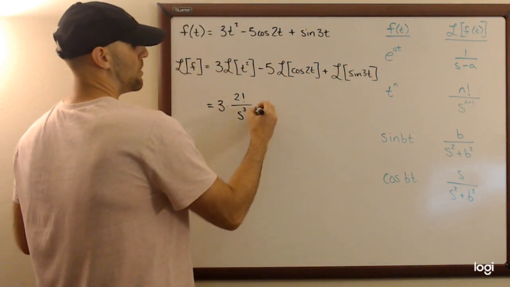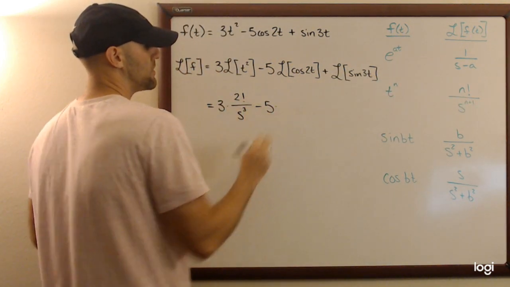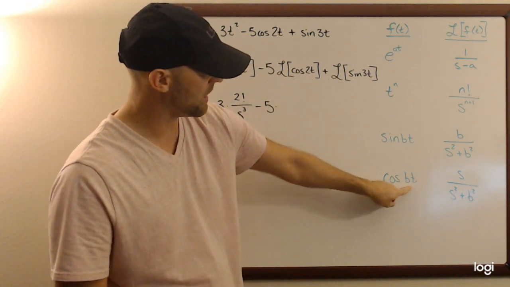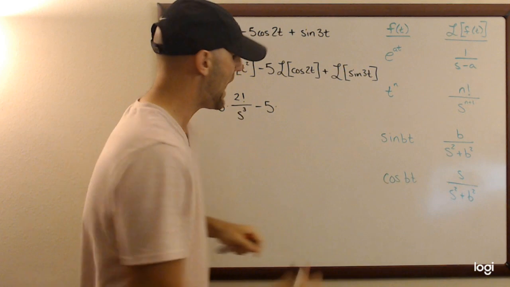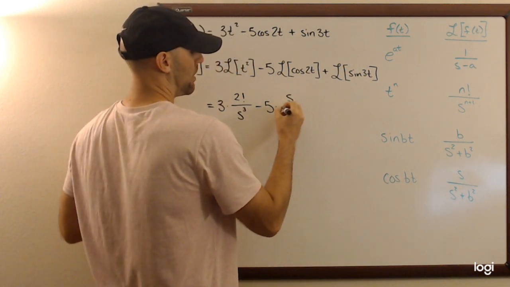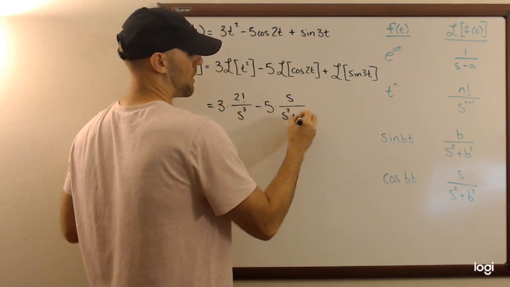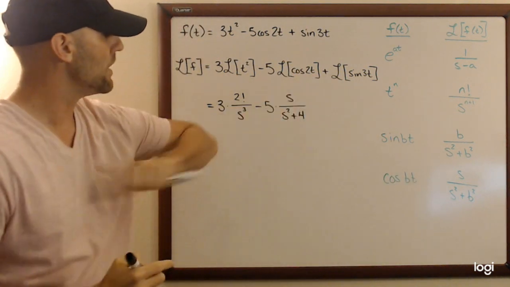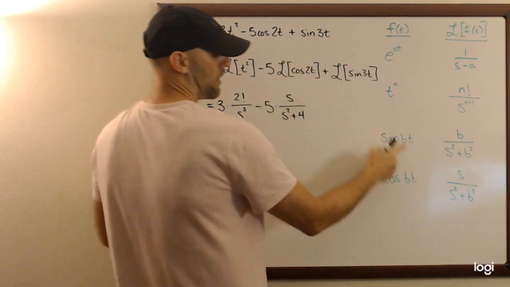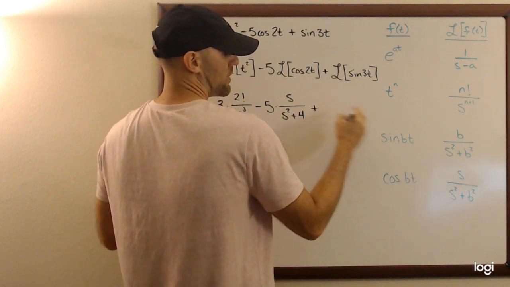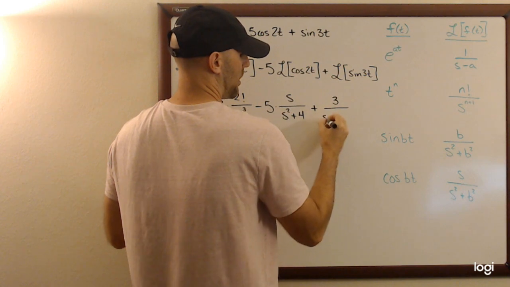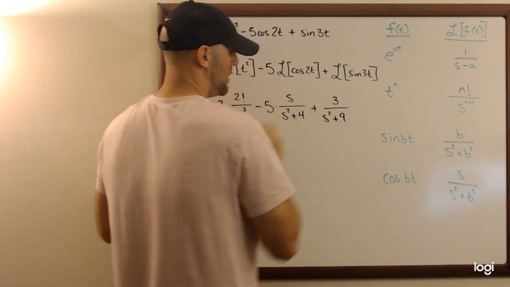Minus 5 times the Laplace transform of cosine 2t. Here's cosine bt. 2 is b. That's s over s squared plus b squared, and b is 2 here, so 2 squared, that's 4. And then sine 3t, here's sine. So b is 3 here, so 3 over s squared plus 9.